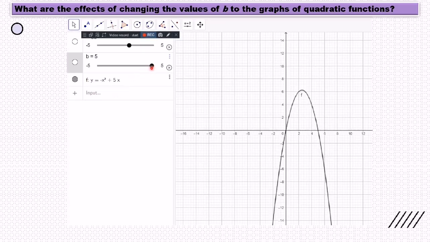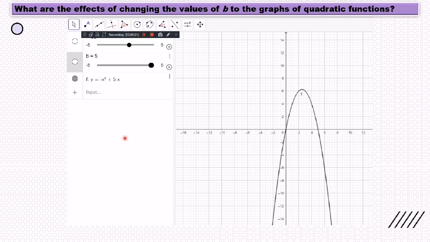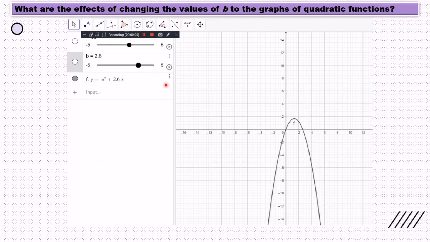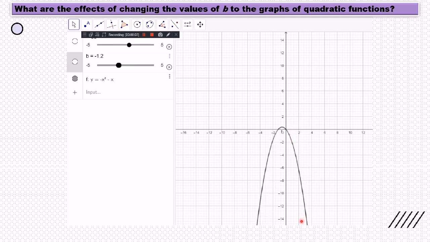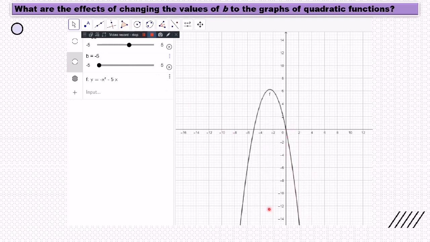Whereas for the maximum graph, when b is greater than 0, the axis of symmetry lies on the right side of the y-axis. When b is less than 0, the axis of symmetry lies on the left of the y-axis.